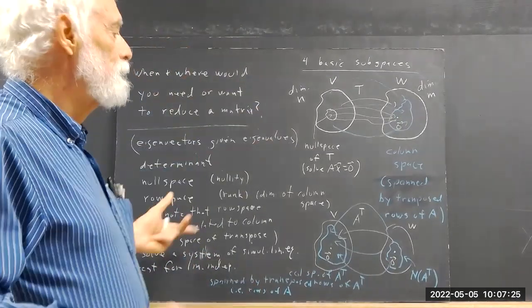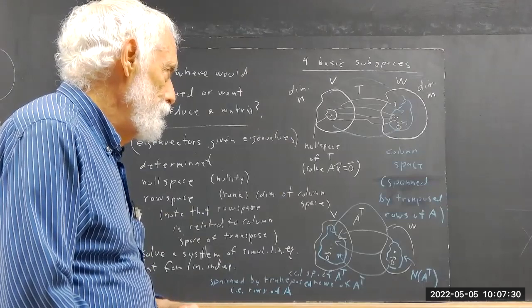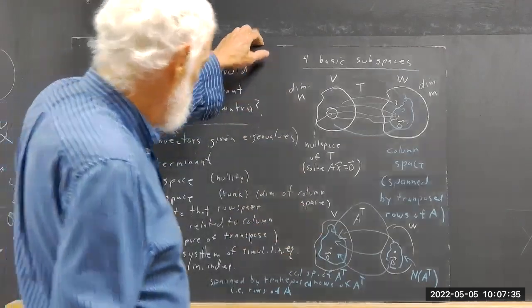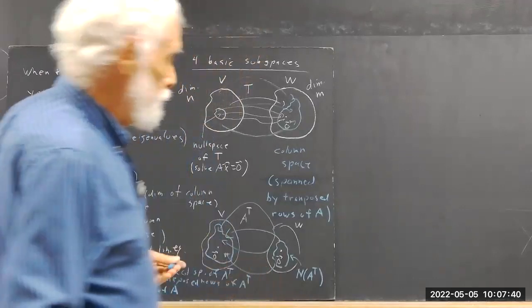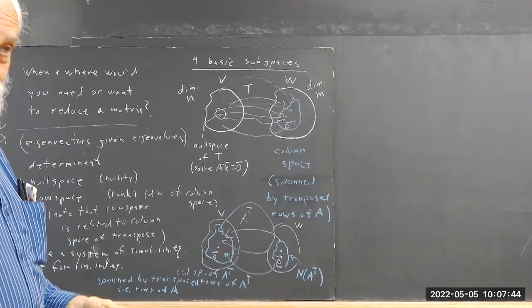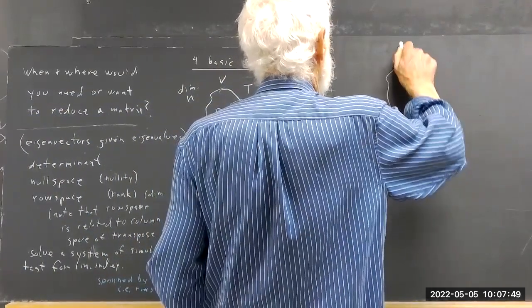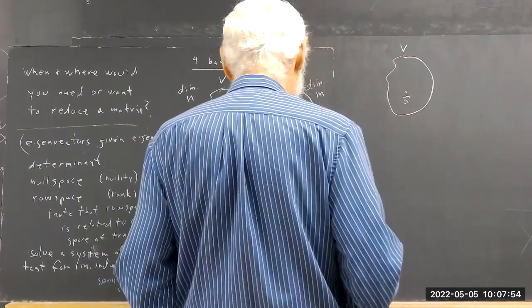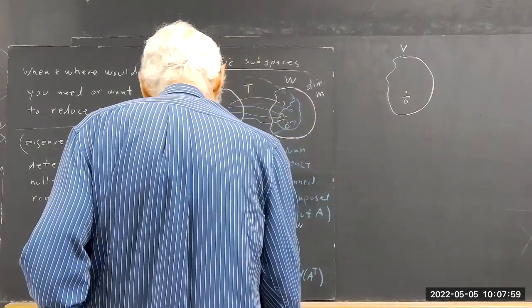Now, I'm out of board space, and I'm going to leave it at that for the moment. But I want to get to the big idea here, of the direct sum. Okay, so over here, you've got P. You got your zero vector, and you have the null space.